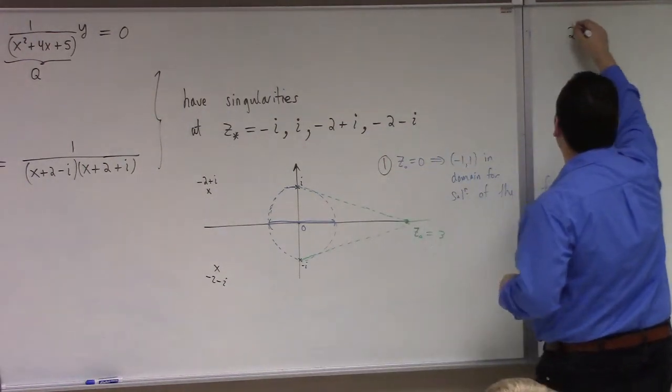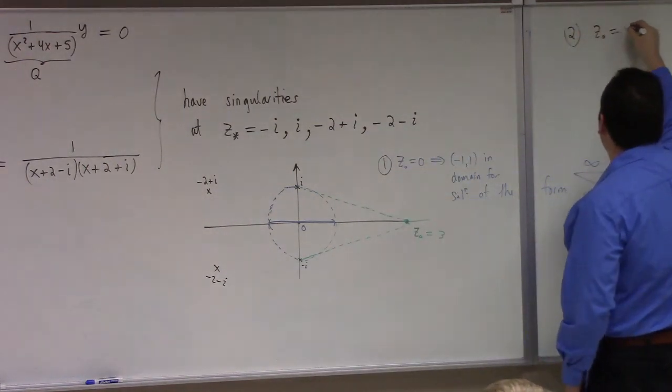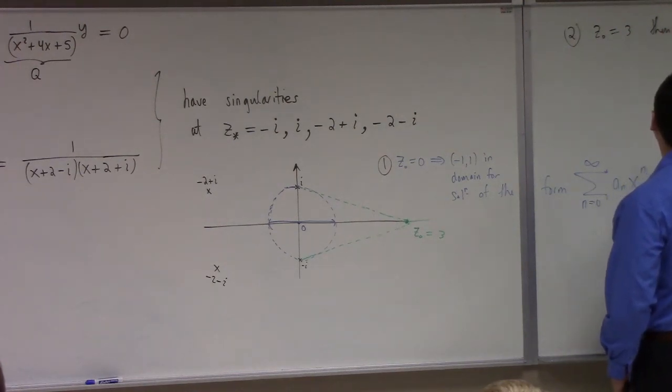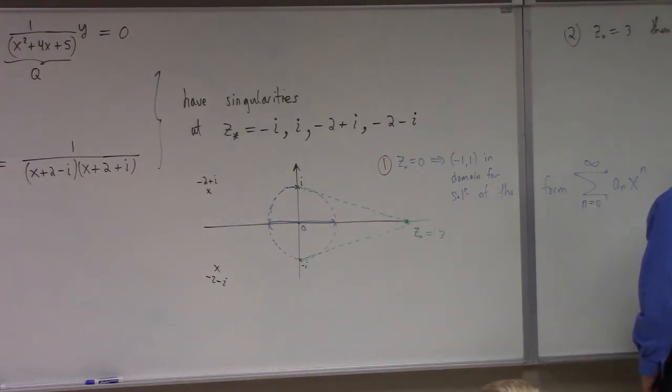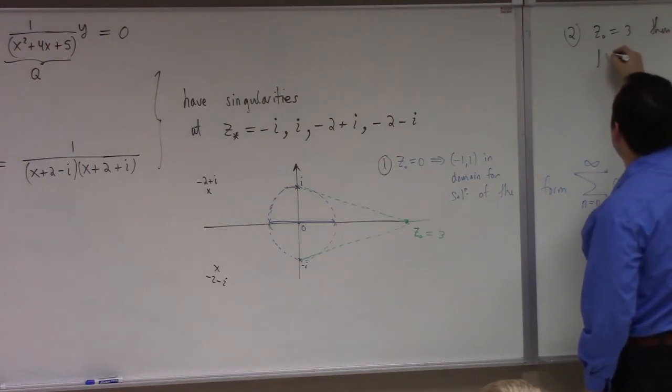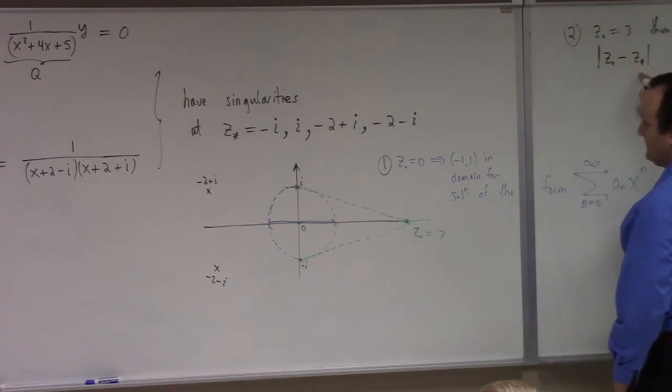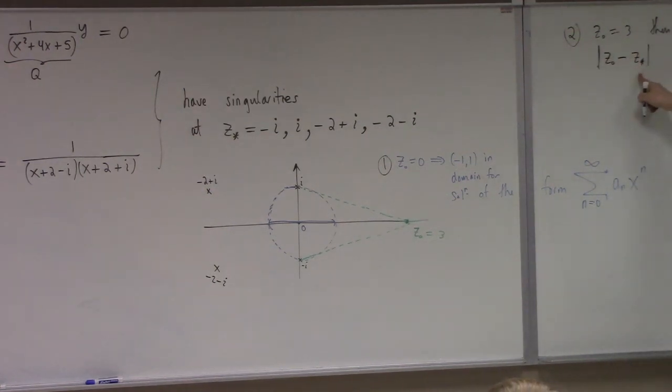Case number 2: if I put z naught equals 3, then plus or minus i is closest, right? To find the distance, I calculate z naught minus the singularity I'm interested in. This is the modulus, the length of the complex number.